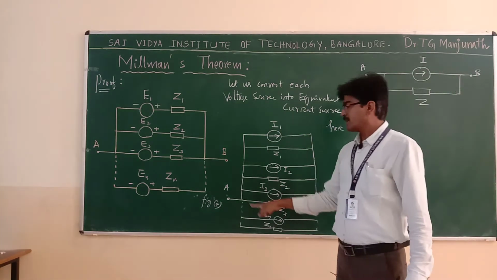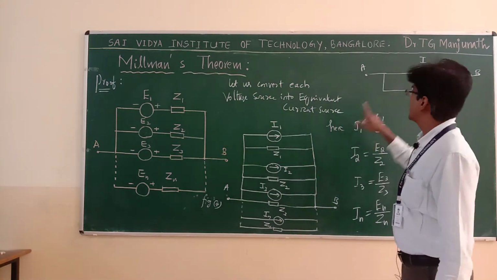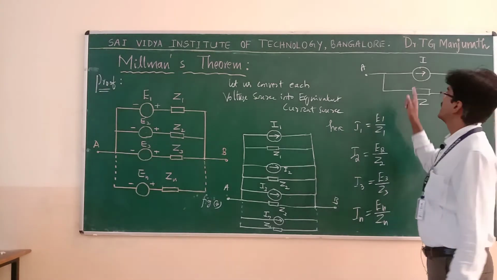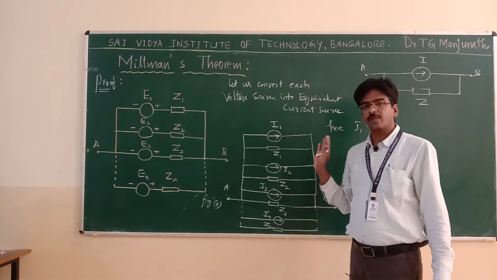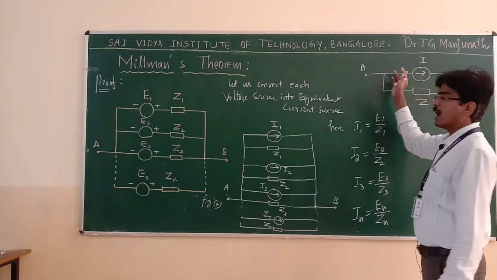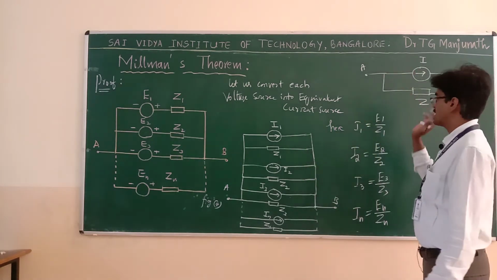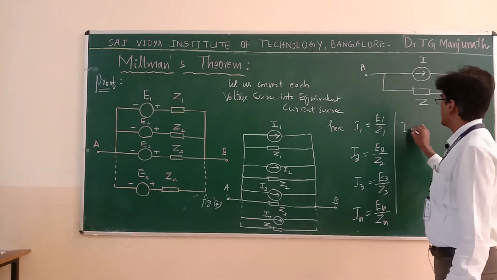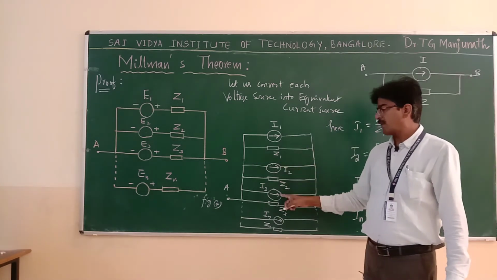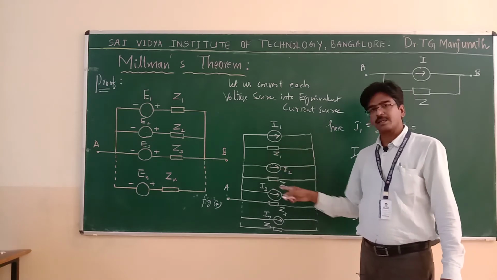So I have converted this complete network into a single current source given by I in parallel with an impedance Z. Now what should I find? I have to find what is I and what is Z. I is equal to the summation of all the currents because the direction is the same.